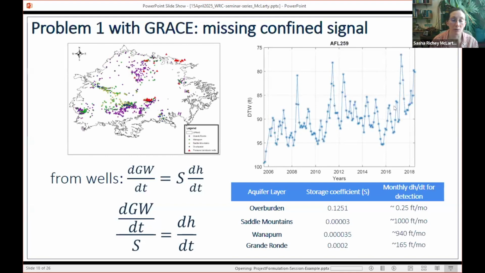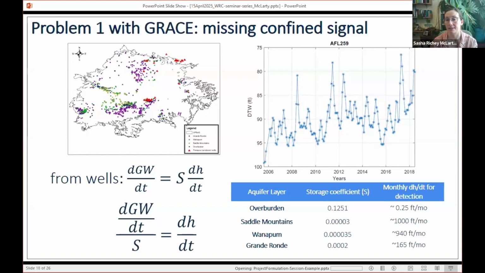Here's just one well pulled out of the Spokane region. So you can see what a higher temporal resolution variability looks like. So what the ups and downs look like closer to monthly data. And unsurprisingly, we are not seeing head changes of 1,000 feet per month. And I don't anticipate that to be the case.